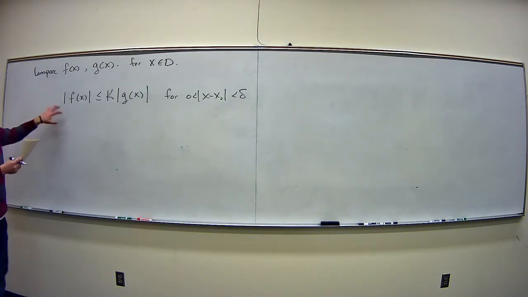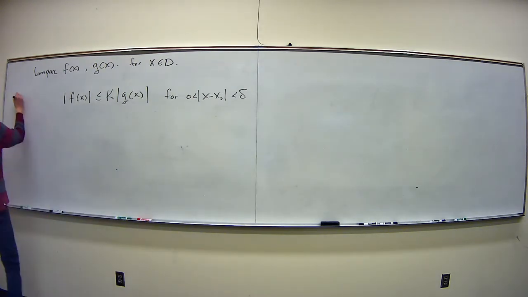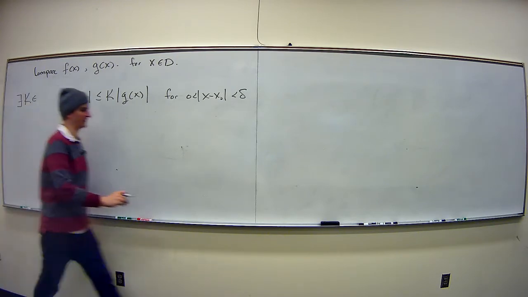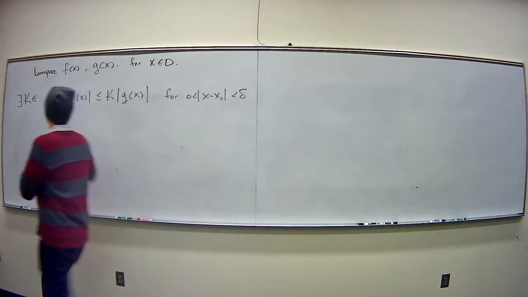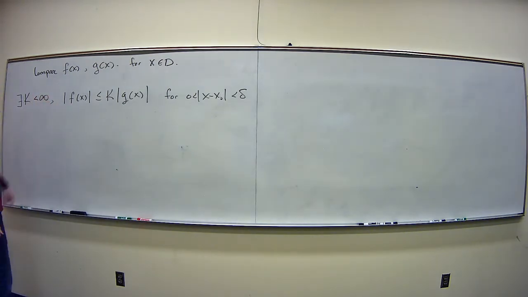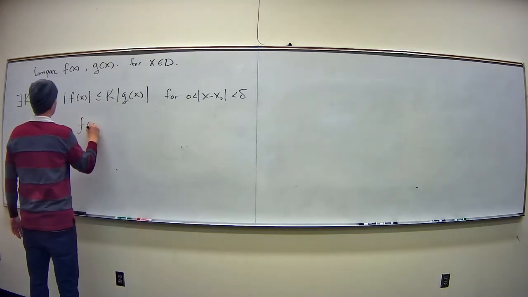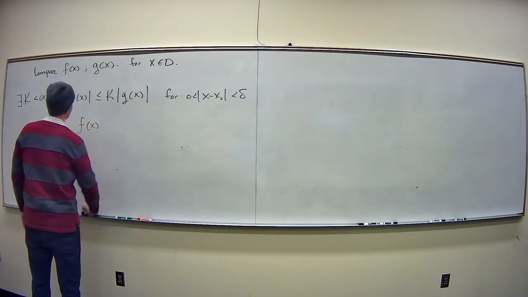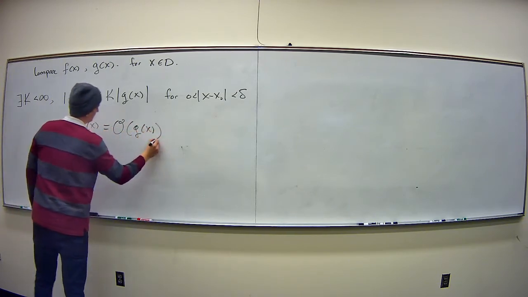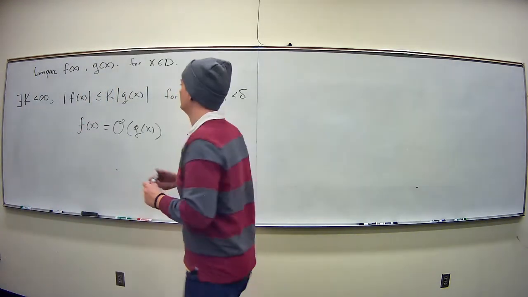So we say two functions are the same order if this holds. Finite. So everyone will hate me. I guess this is not a math proof class. But. So I say that we say f is the same order as g, functions g, if this holds.